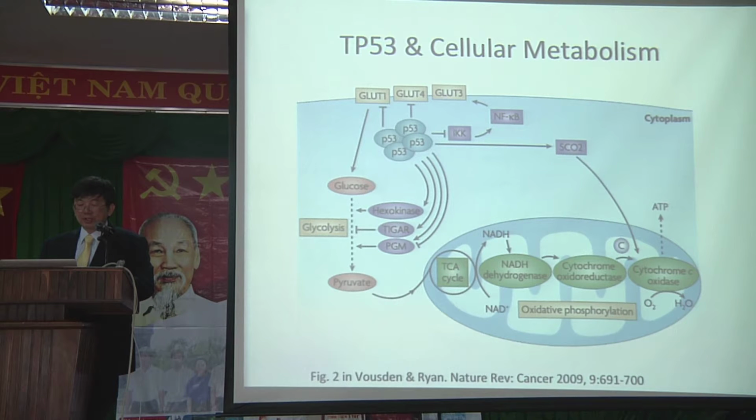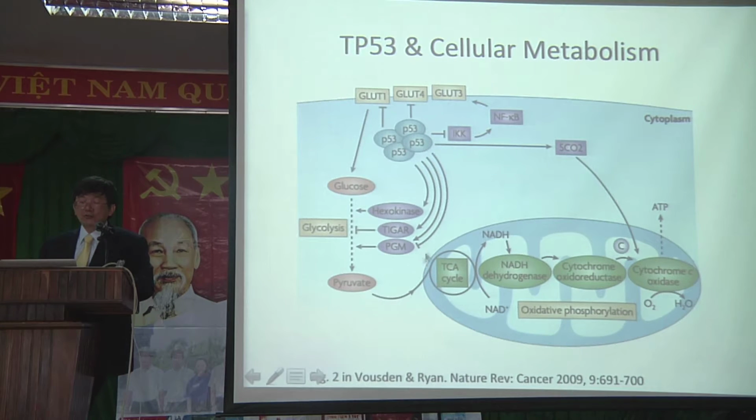So TIGAR would catalyze the reverse of one of the steps in glycolysis. I'll point that out to you later. TIGAR expression lowers the fructose 2,6 bisphosphate level in the cell, resulting in inhibition of glycolysis and an overall decrease in intracellular reactive oxygen species.